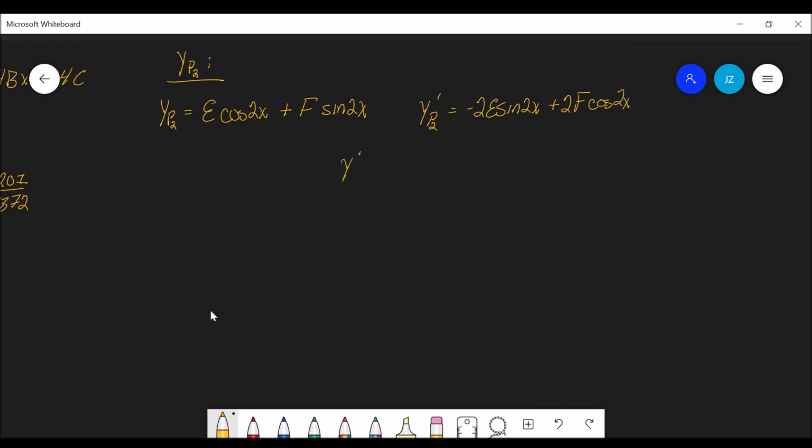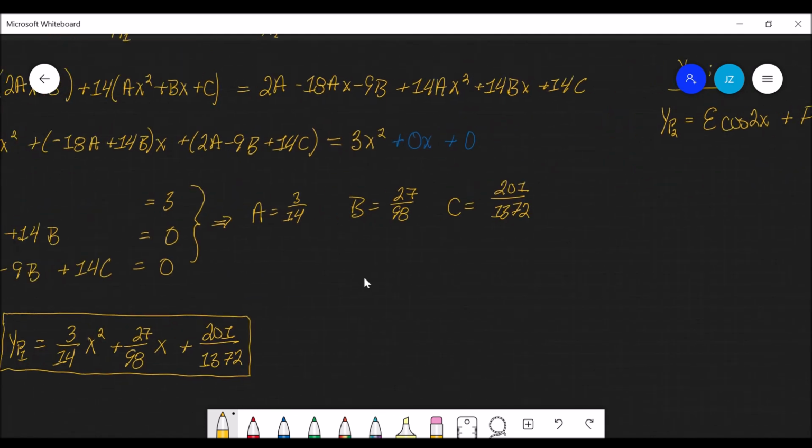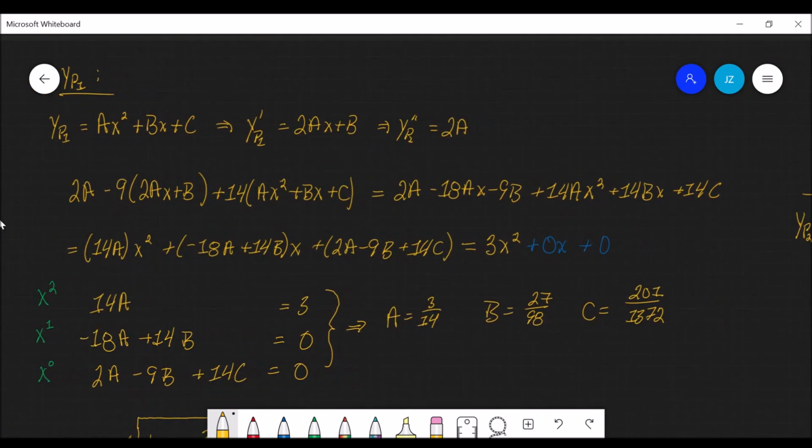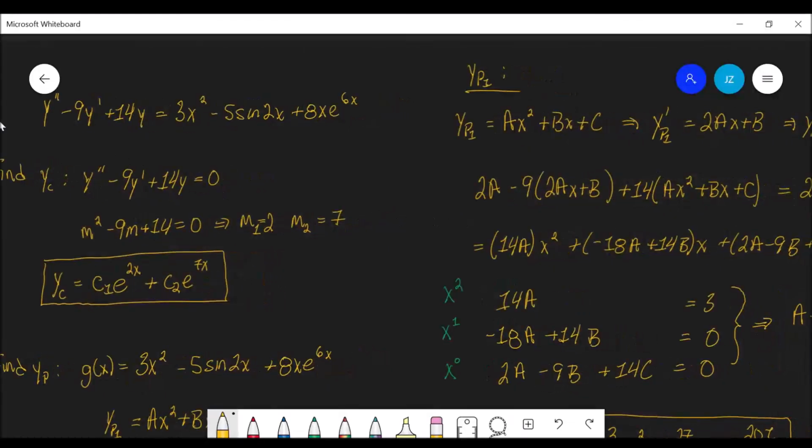And the second derivative is negative 4e cosine 2x minus 4f sine of 2x. And we'll plug these back into the differential equation. Except it's only going to equal this negative 5 sine 2x.